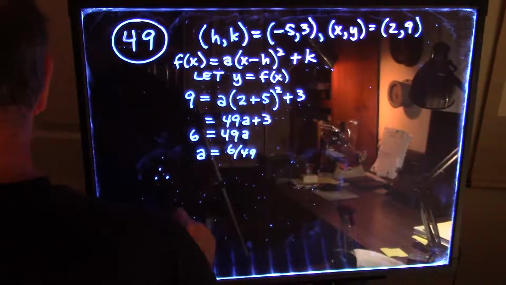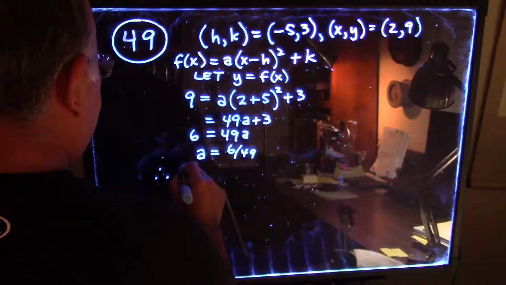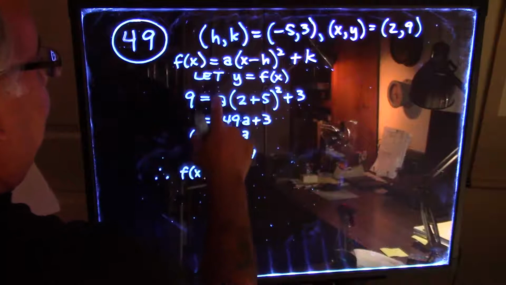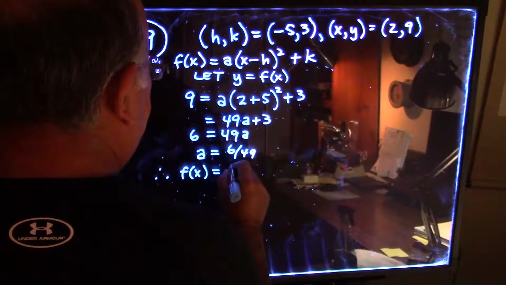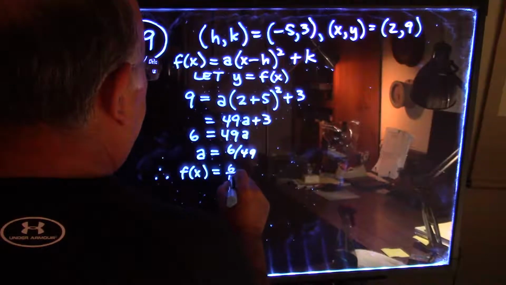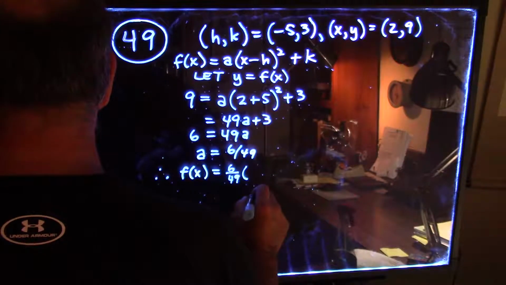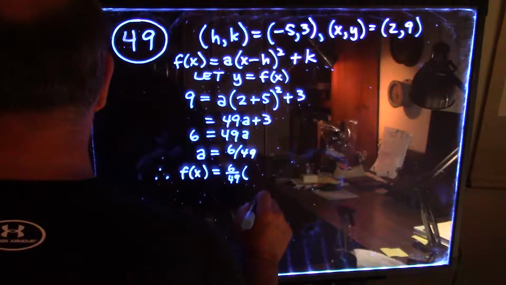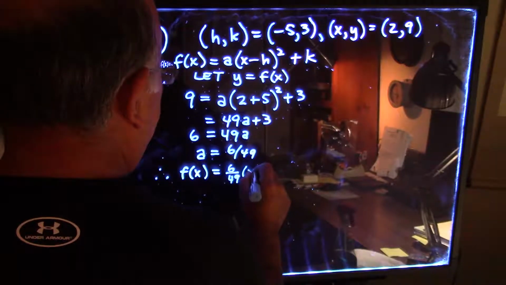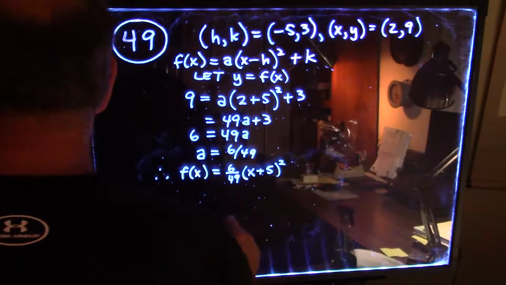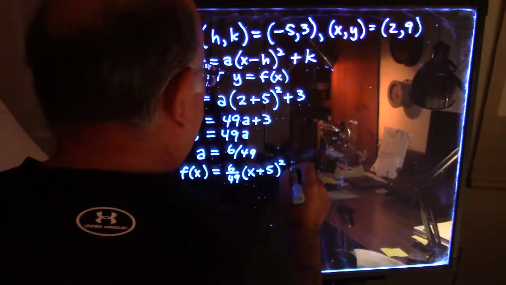All right, so therefore f of x is equal to, using the standard form once again, 6/49, that's a, times x minus h, which is negative 5, that's x minus negative 5, or x plus 5, squared, plus k, which is 3.